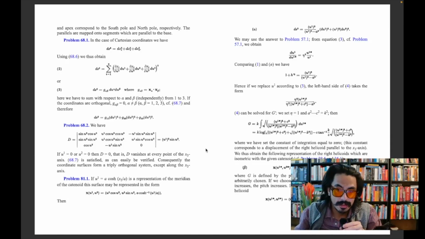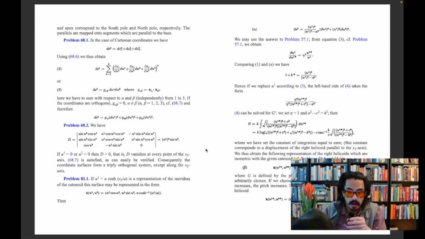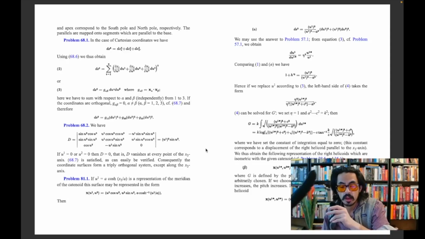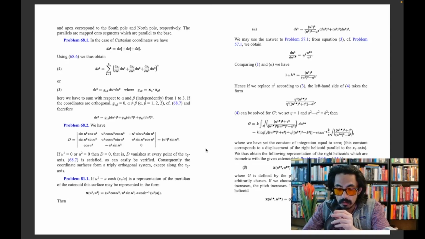So the left-hand side of that takes the form of a fraction with a numerator nu to the fourth times u1 star squared, and then a denominator of nu squared times quantity u1 star squared plus c squared closed quantity minus a squared.